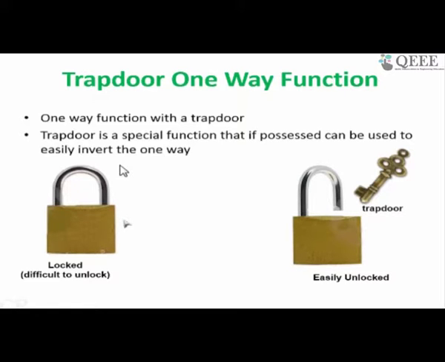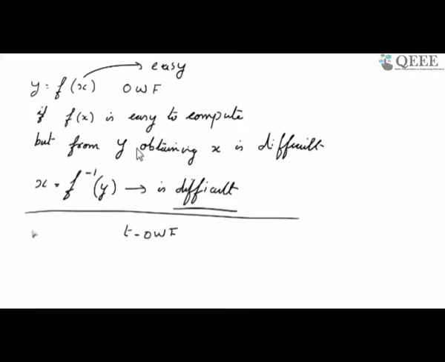So if we go back to our trapdoor one-way function, you could represent it as y equals f of the trapdoor, we'll call it k, with x. Computing this is easy. However, computing the inverse without the key, so computing x equals f inverse of y without the key k, let us say k equal to k prime, so if k is not equal to k prime, this is difficult.